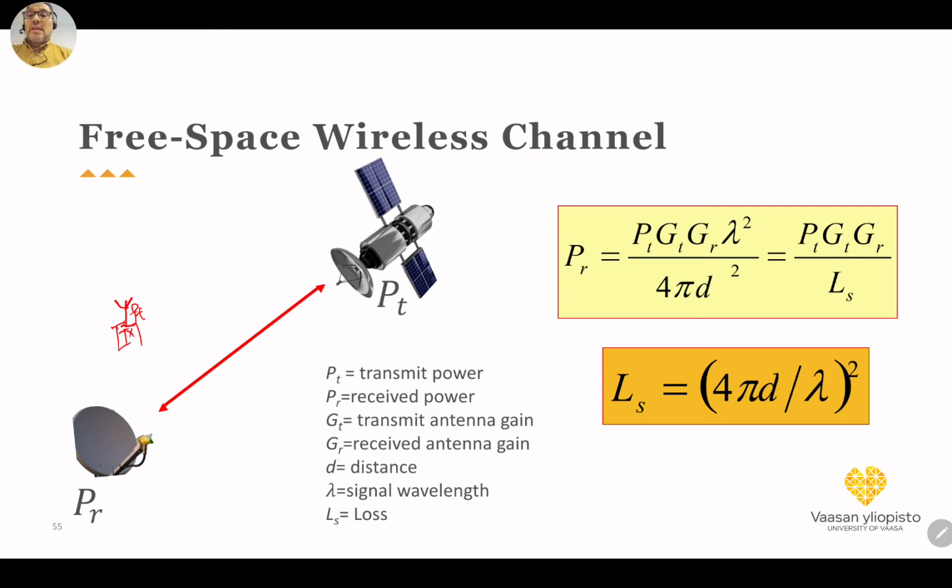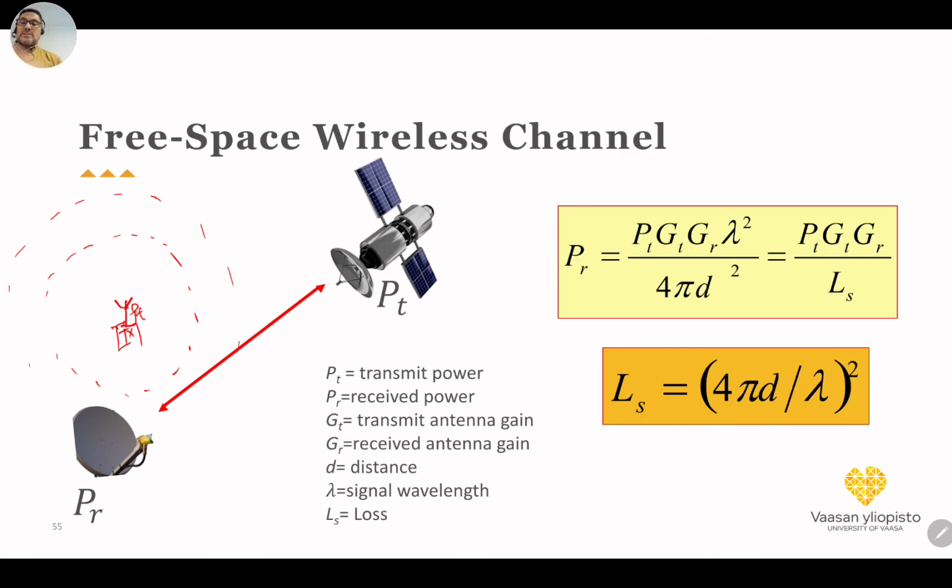If your antenna is isotropic, it means that it propagates everywhere uniformly, so the power will go in this way. You can assume that it is like a ball surface.